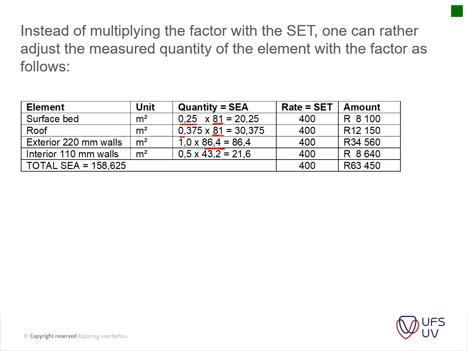So instead of multiplying the factors with our rates, we multiply with our areas, and thus we get a total area of 158 square meters if we add the 20.25, the 30.37, the 80.4 and the 21.6.